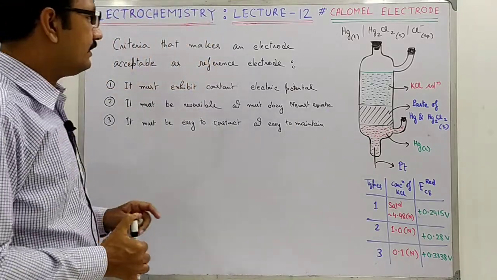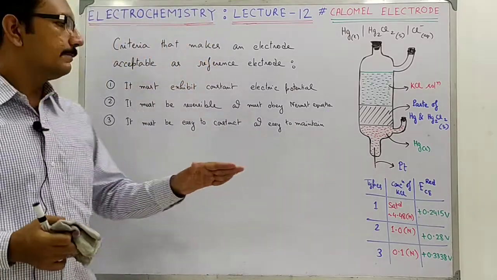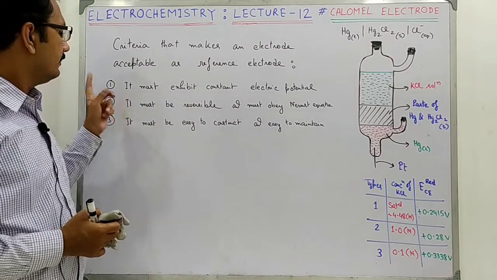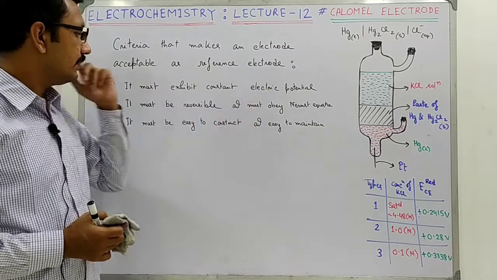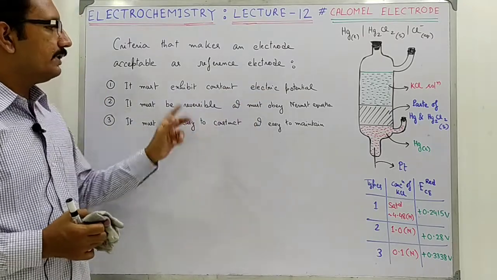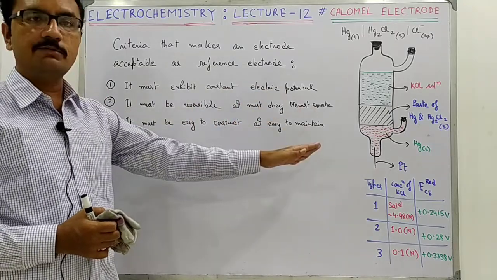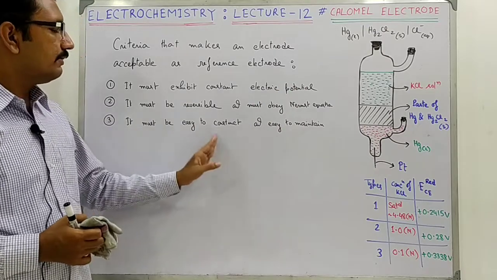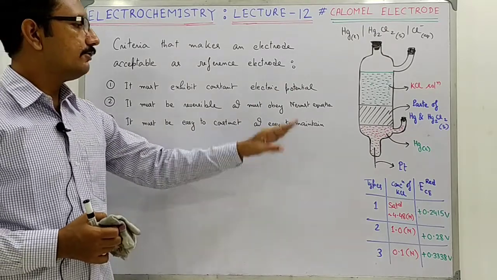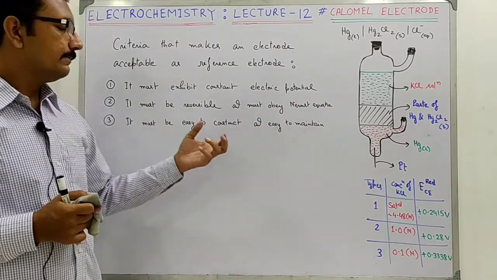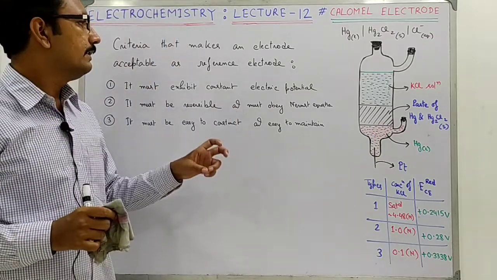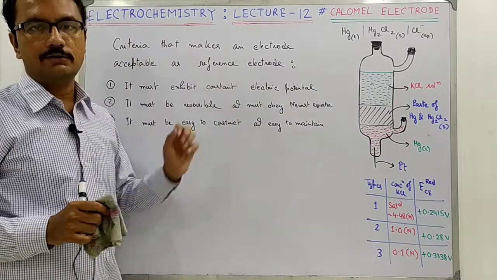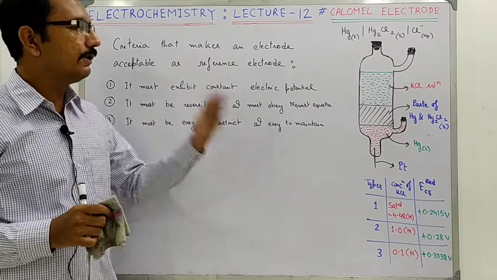So if you find any single electrode which satisfies these three criteria, that is, it must exhibit constant electric potential, second, it must be reversible and obey the Nernst equation, and it must be easy to construct and easy to maintain, then it qualifies for acceptability as a reference electrode.